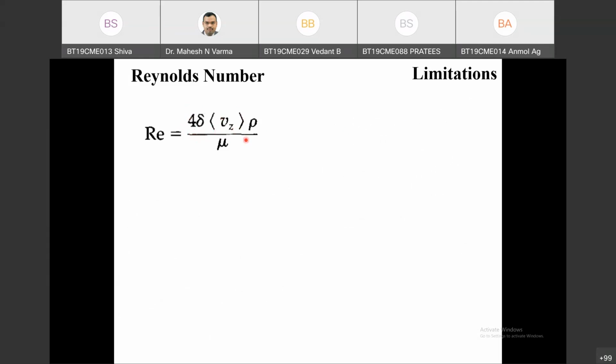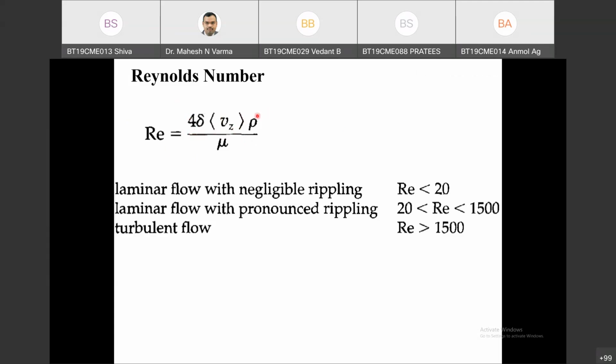Reynolds number is 4 delta into characteristic velocity into density divided by viscosity. This is applicable only for Reynolds number less than 20. If Reynolds number is greater than 20, this whole modeling approach is not applicable. You cannot use this model equation to get the velocity profile.